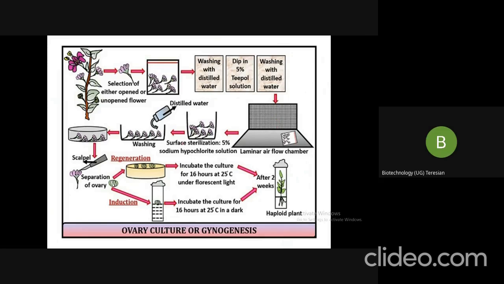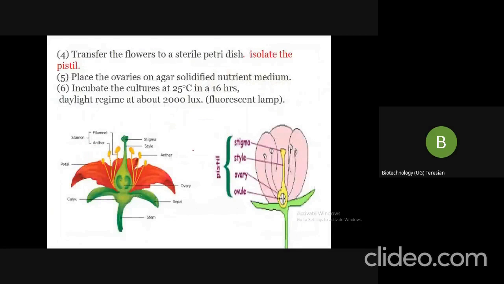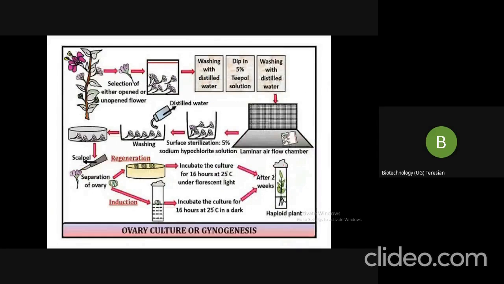Then transfer the flowers into a sterile petri dish. Here, using a flamed surgical scalpel, dissect out the calyx, petals, anther, filaments, etc. of the flowers to isolate only the pistil. Only this I have to isolate, and the others are not required.